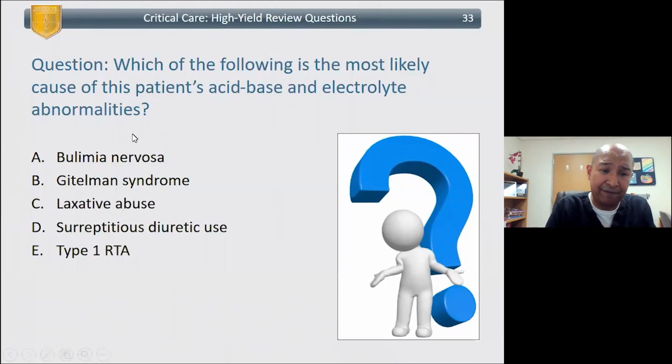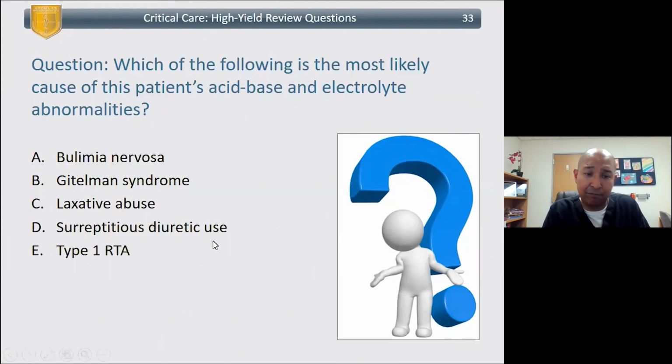So it doesn't really fit there. You know what I mean? Laxative abuse, that's going to be a lot of diarrhea. I could buy that. That'll give you a metabolic acidosis. Using a lot of diuretics sounds very similar to Bartter or Gitelman syndrome. So if that occurs, you'll probably develop a metabolic alkalosis.